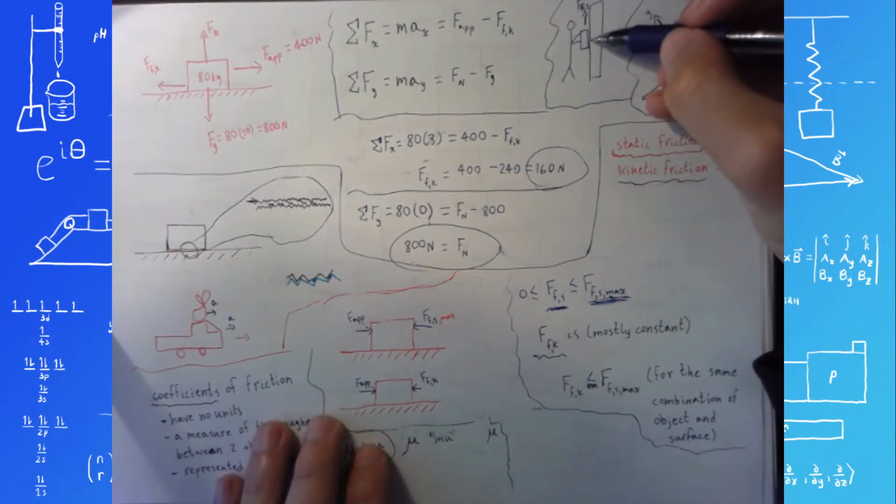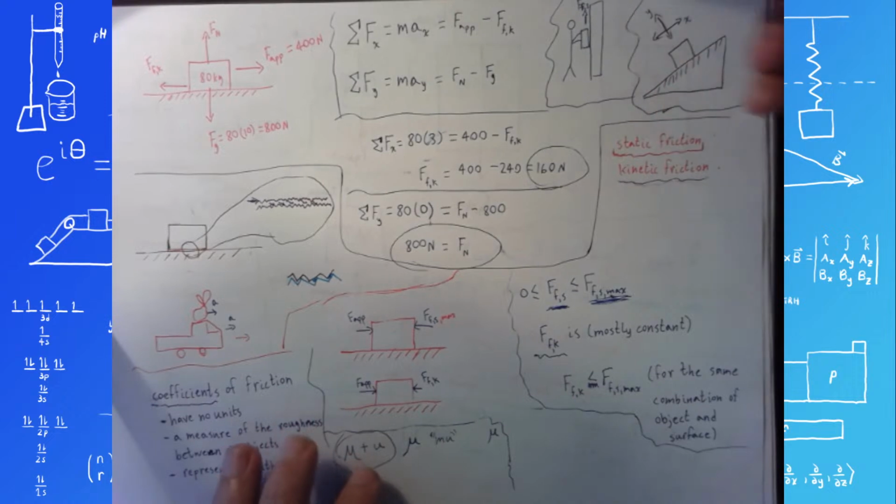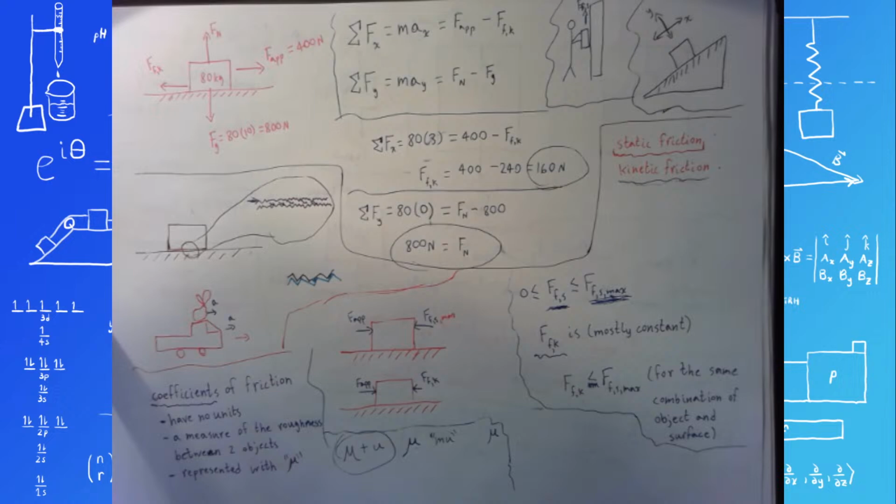If I go back to this scenario that I drew over here, if you push a book against a wall, you know that if you don't push the book against that wall hard enough, then that book is just going to slide down the wall. It's not going to hold up. There won't be enough friction.